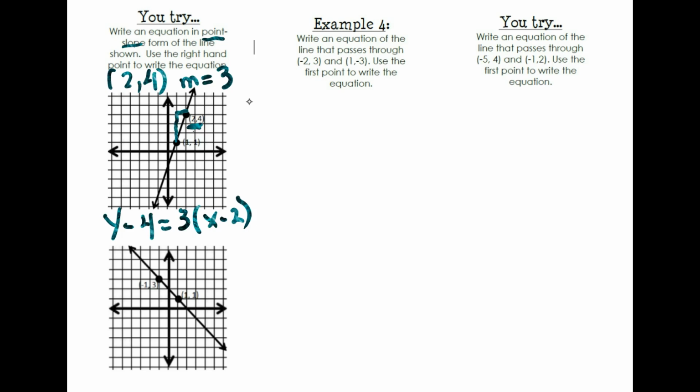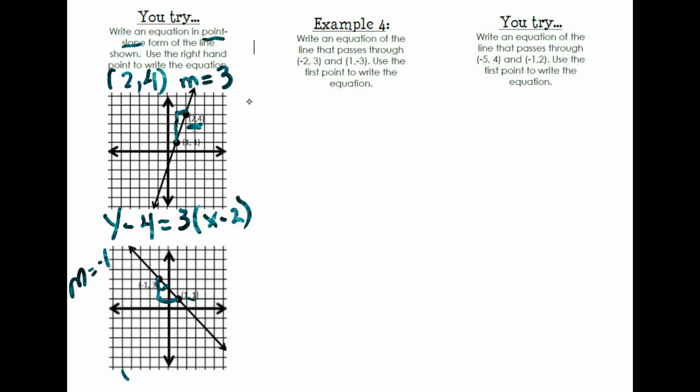So over here, it says use the right-hand point. The right-hand point will be, this will be your left, right. So this is 1, 1. So what do I need from here? I need the slope. So some of y'all will go down 2 to the right 2, or some of y'all will go down 1 to the left 1. Either way, my slope is -1. And then my point is 1, 1.